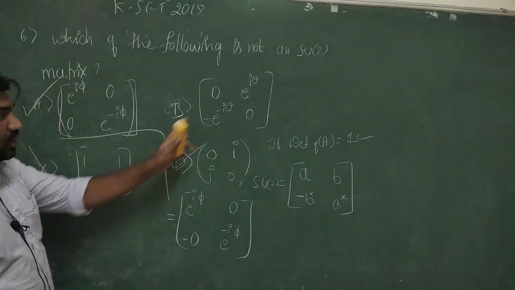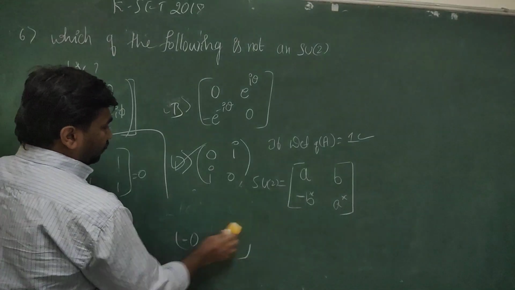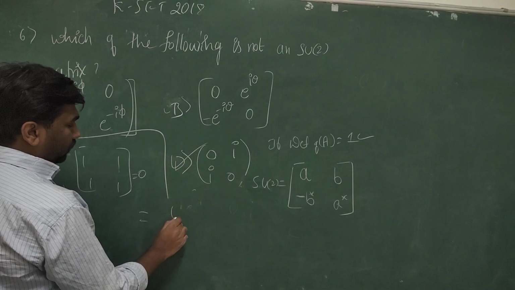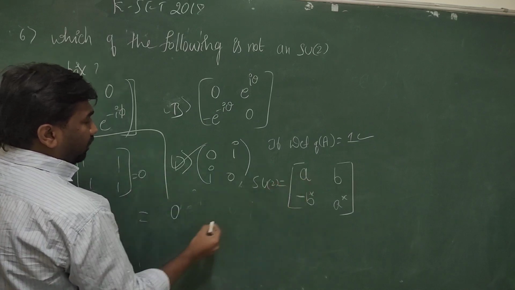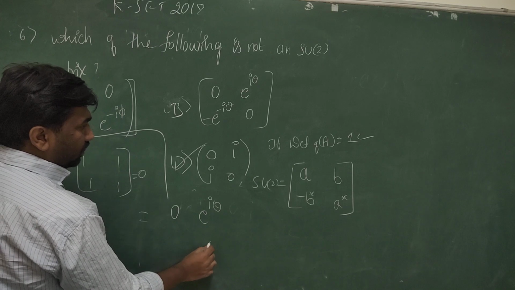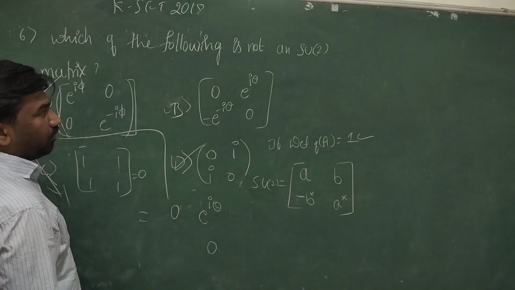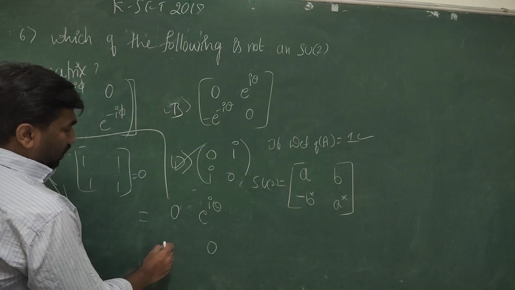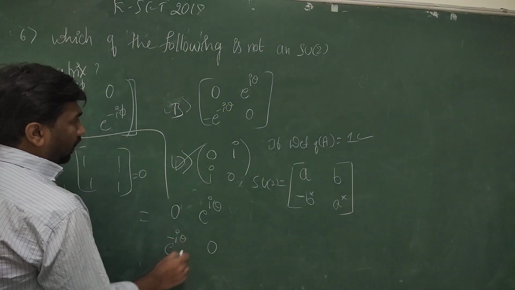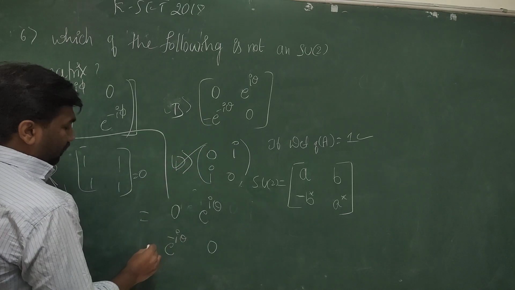Let's move on to B. 0 and B e power i theta, and A complex conjugate 0 and B, its complex conjugate e power minus i theta and minus 1.